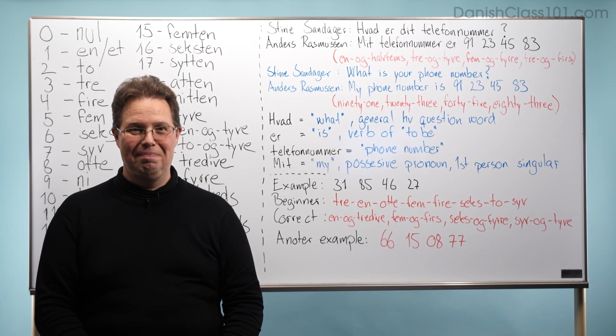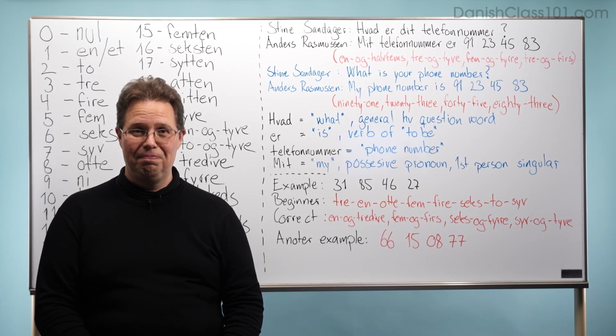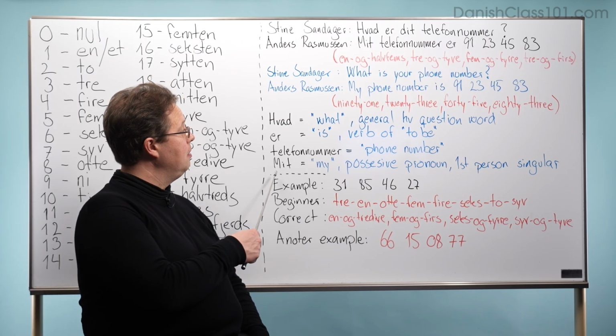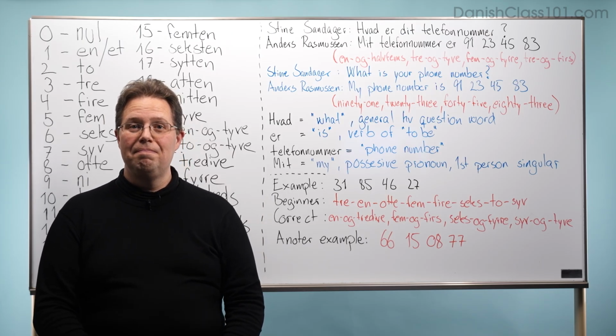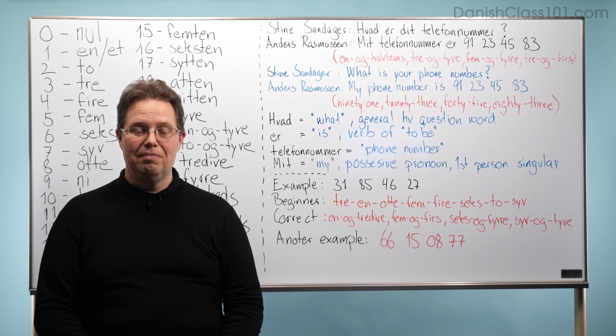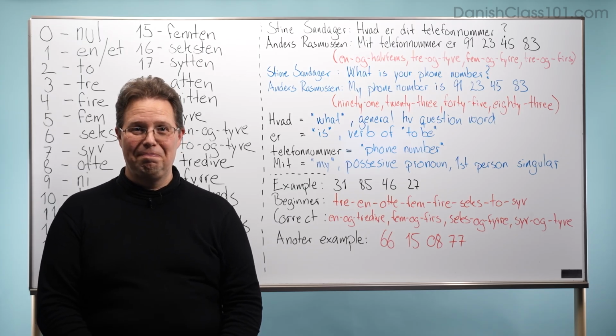This is the standard noun for phone number in Danish. And finally, we have mit, my. Mit is a possessive pronoun of my in first person singular in Danish.